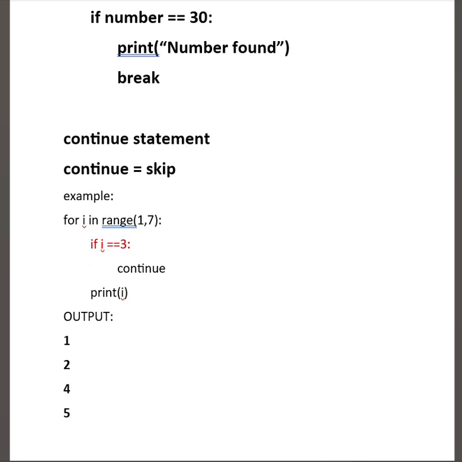Next example, we are going to print only odd numbers. For i in range 1 comma 11.